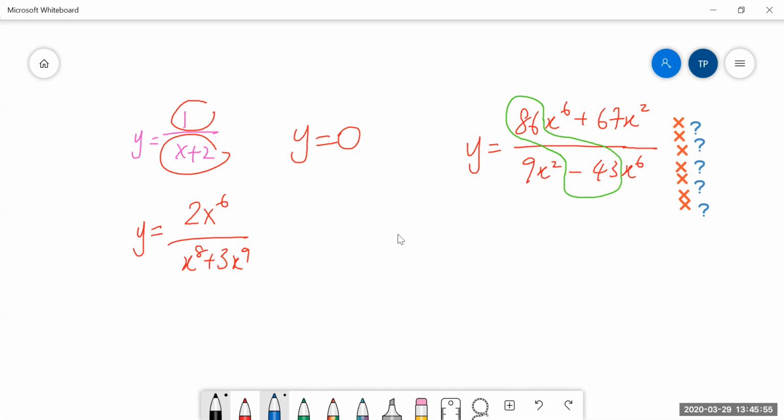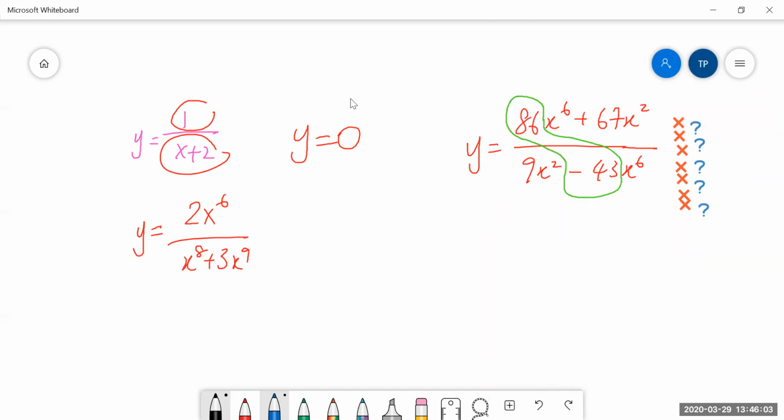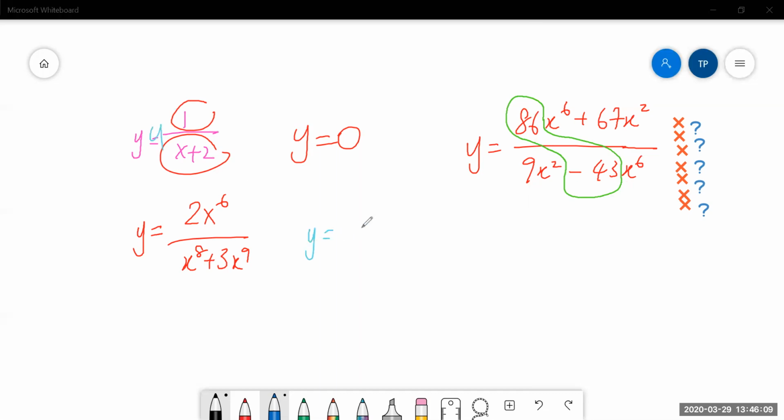Let's say if I have y equals 3x squared minus 2x plus 1 over x minus 2.